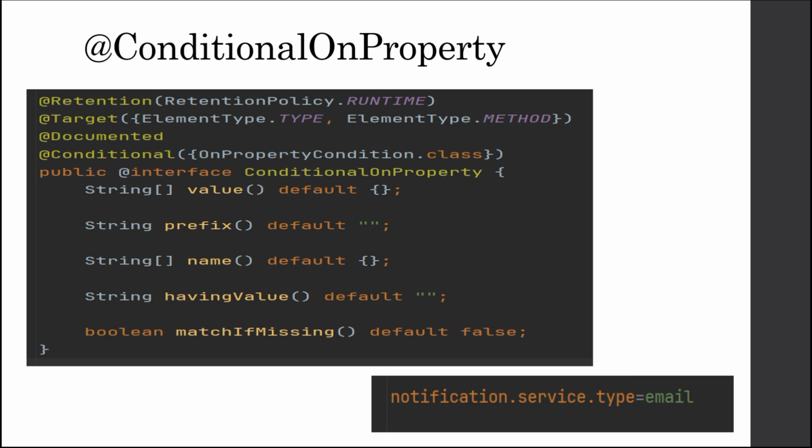So actually it was broken into two parts. When we do not want to break the property name into two parts, we can use the value attribute. In the value attribute, we provide the complete name of the property, which is used by Spring to create the bean conditionally at runtime.